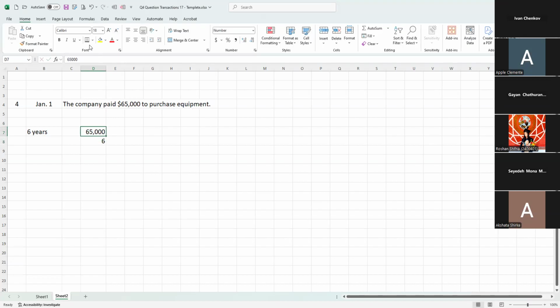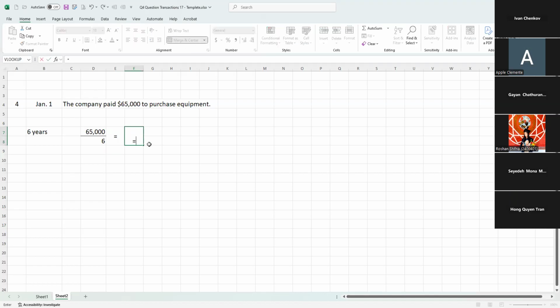And every year I transfer as an expense, how much will that be? $10,833. So that will be equal to this one divided by 6.